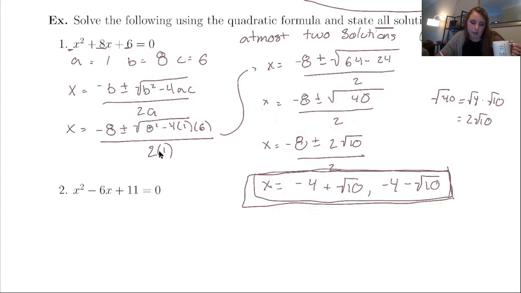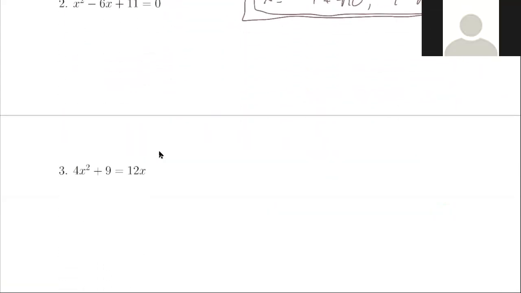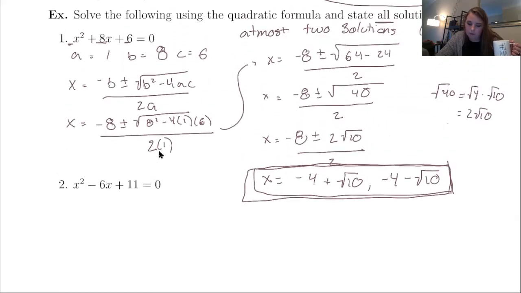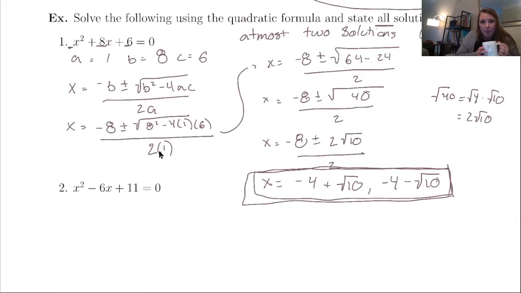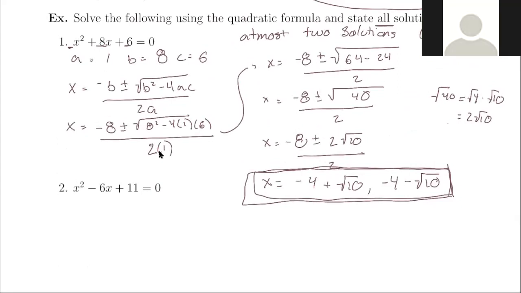No, a could be any number. We'll do this problem where a is 4. If you're doing the quadratic, a polynomial, and you can see a number that you can cancel out to make all your numbers smaller, that's fine.